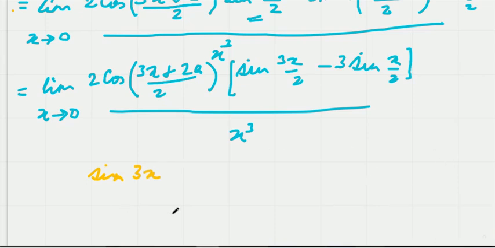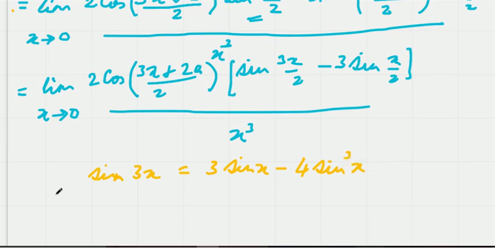Sine 3x is equal to 3 sine x minus 4 sine cube x.